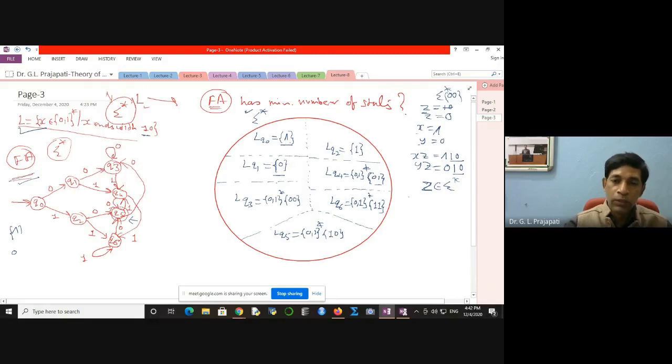Can you distinguish the strings from LQ1 and LQ3? You cannot distinguish these.